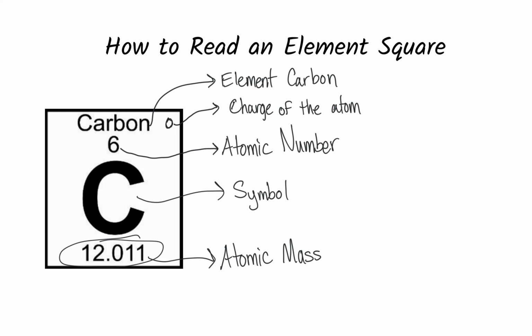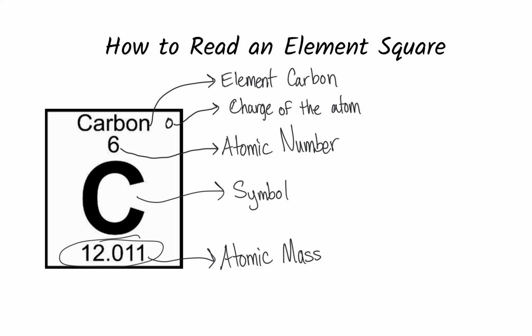This number is not quite exactly 12 because there's also carbon with 7 neutrons, which gives it a mass of 13, and carbon with 8 neutrons, which would give it a mass of 14. But carbon 12 with 6 neutrons is so much more common that if you were to average all of the masses of carbon, you would get 12.011 as the average mass.